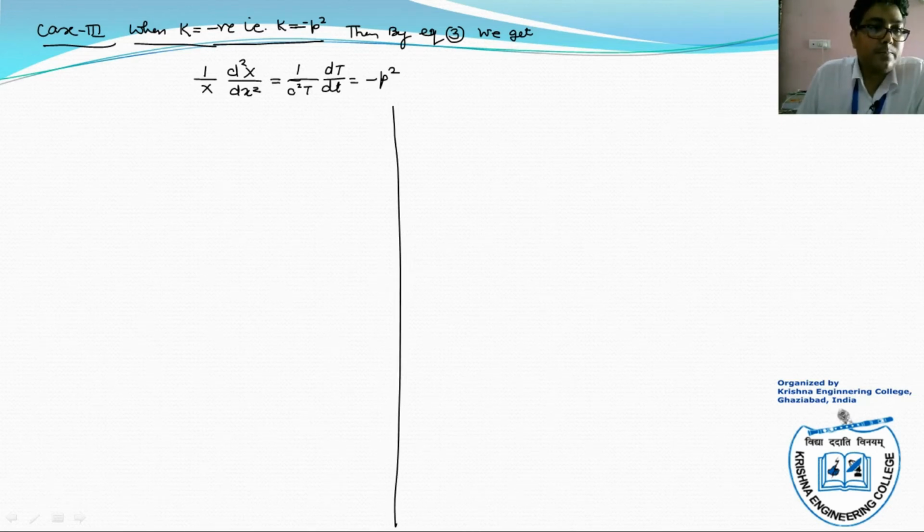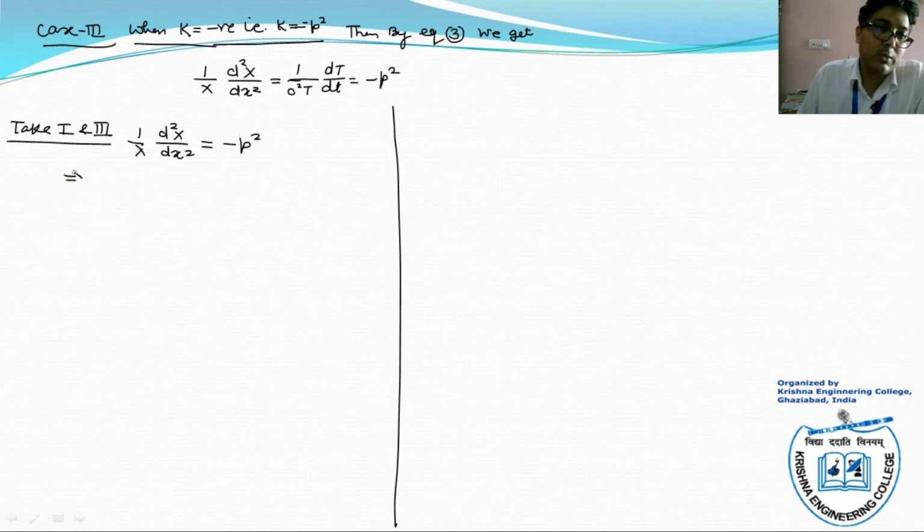Clear? Take first and third term. So we get 1 upon capital X d square capital X over d small x square is equal to minus p square. By using the cross multiplication, we get d square capital X over dx square is equal to minus p square into capital X. Take both terms on LHS.